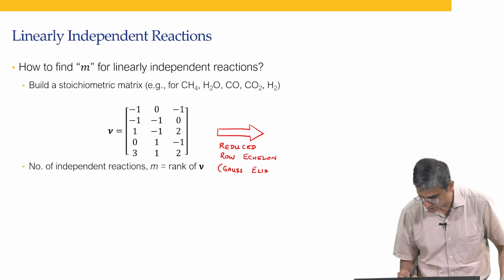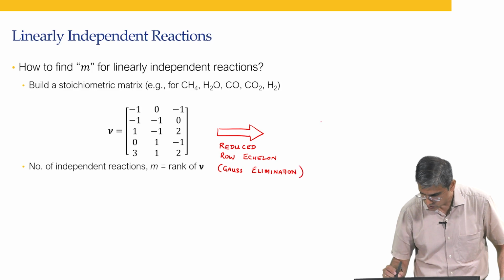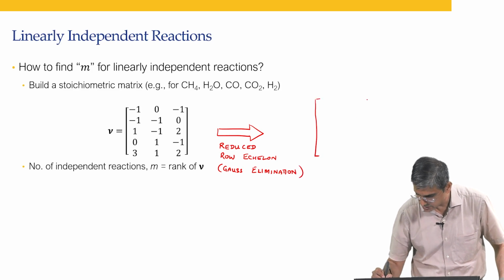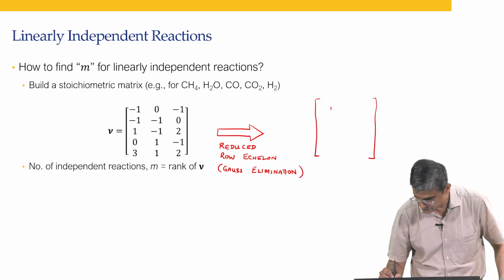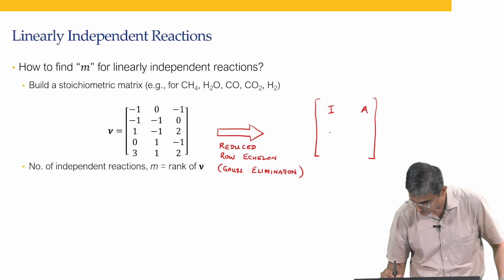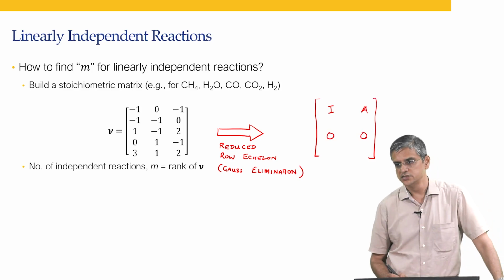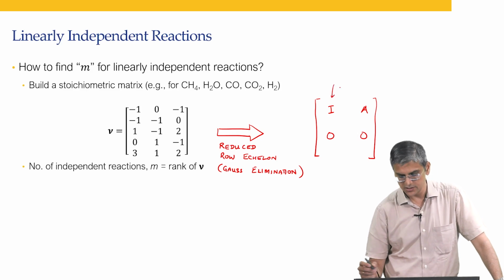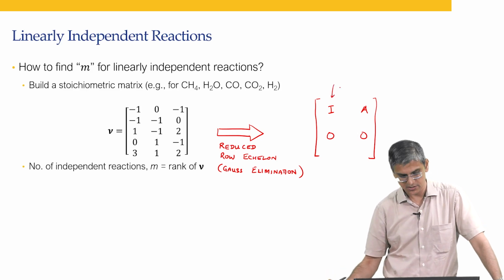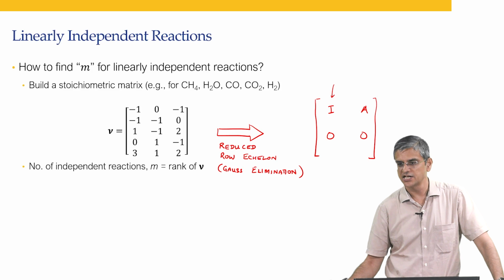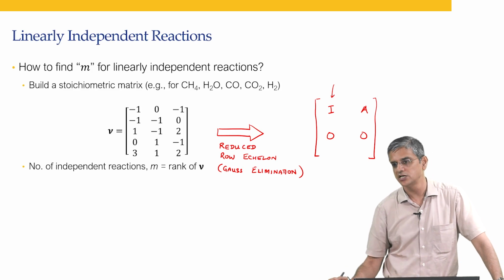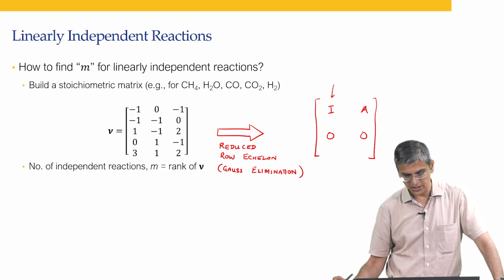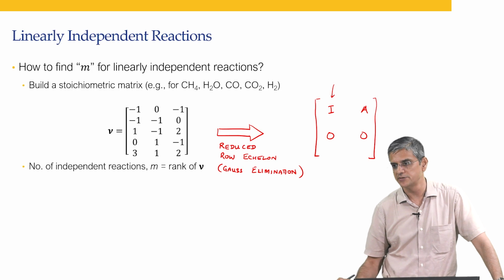Actually the Gauss-Jordan elimination, and the reduced row echelon form will be I, 0, 0. The size of I is going to be equal to the rank of that matrix. Last time we had said that these three reactions are not linearly independent, but indeed the third reaction is linearly dependent on the two.